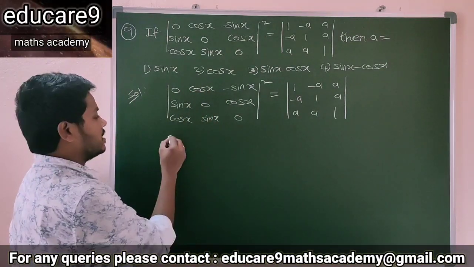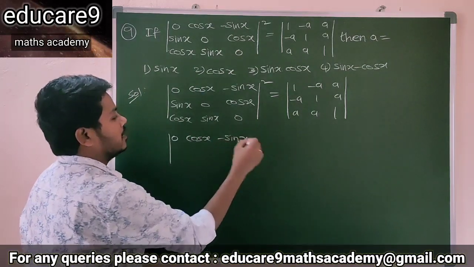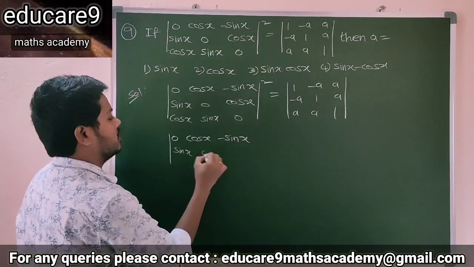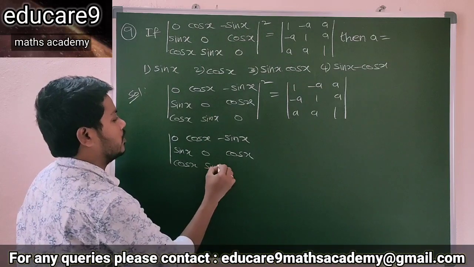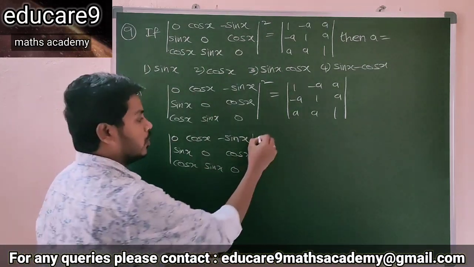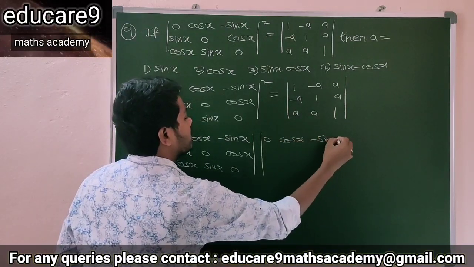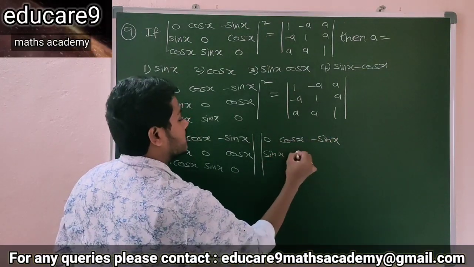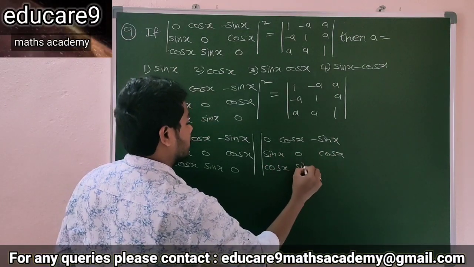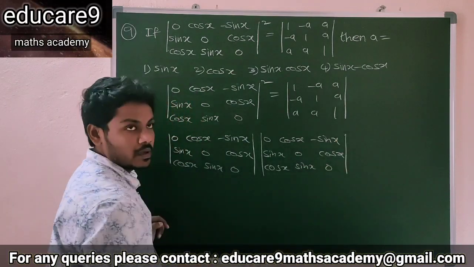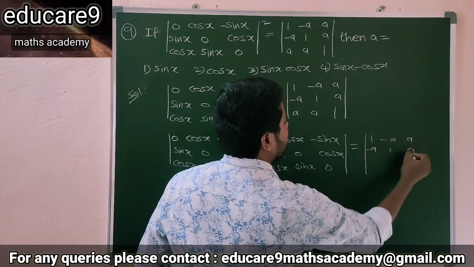So this can be written as the matrix [0, cos x, minus sin x; sin x, 0, cos x; cos x, sin x, 0] into again the same matrix, which is equal to [1, minus a; minus a, 1].